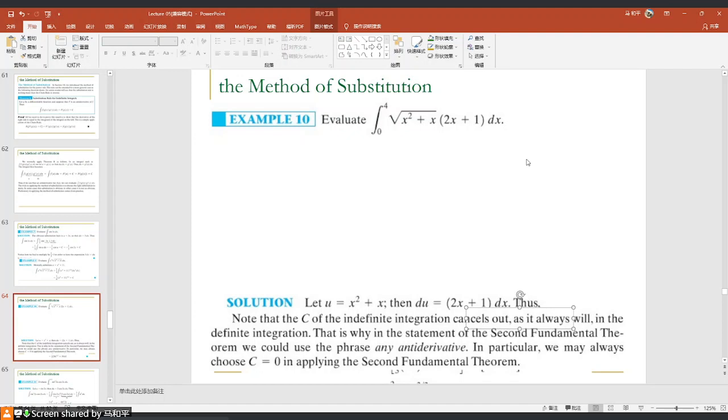Quickly, example 10. Please remember, this is a definite integral, not an indefinite integral. We have lower limit 0 and upper limit 4.